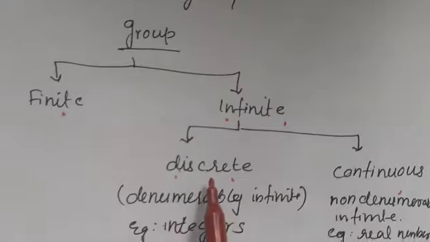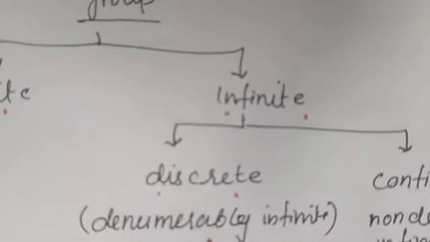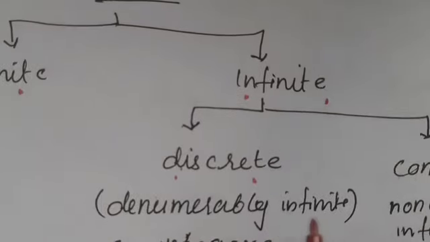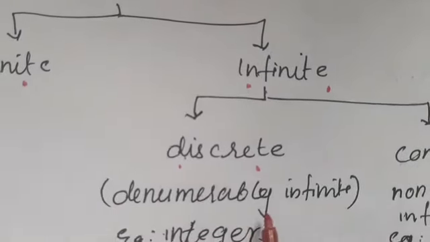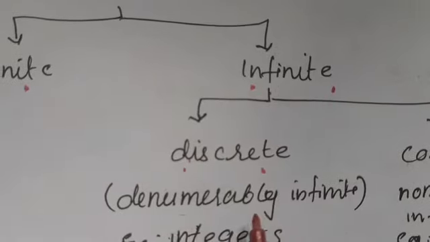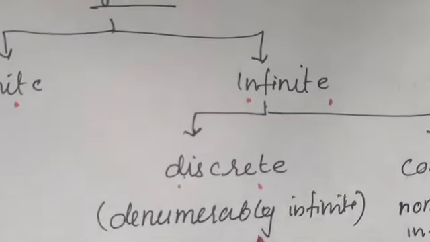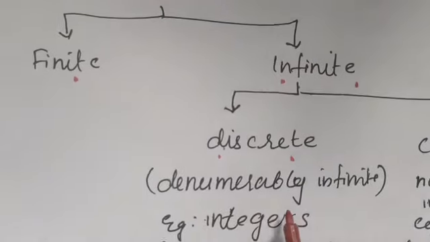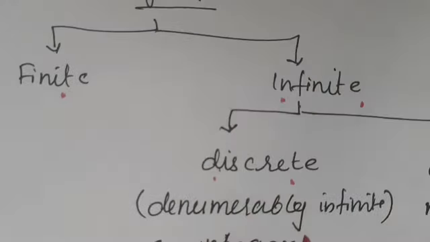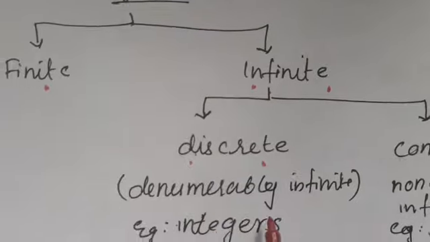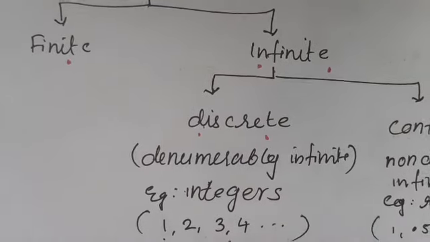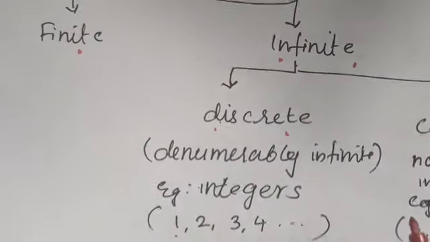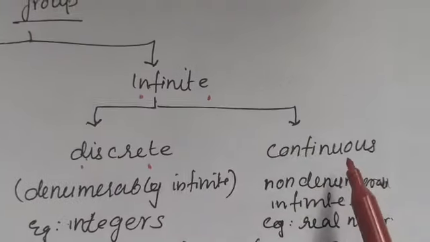So discrete group contains denumerable infinite numbers. What is denumerable? Denumerable means there are infinite number of elements, but we can count them. So they are called denumerable. For example, integers 1, 2, 3, 4, 5, etc. What is a continuous group?